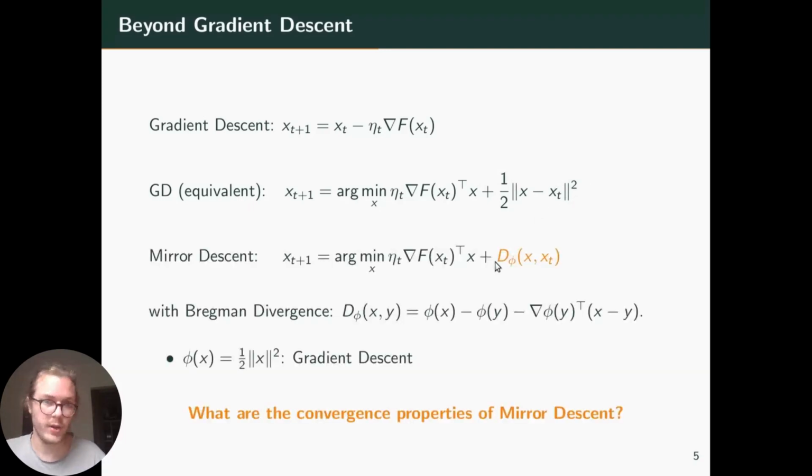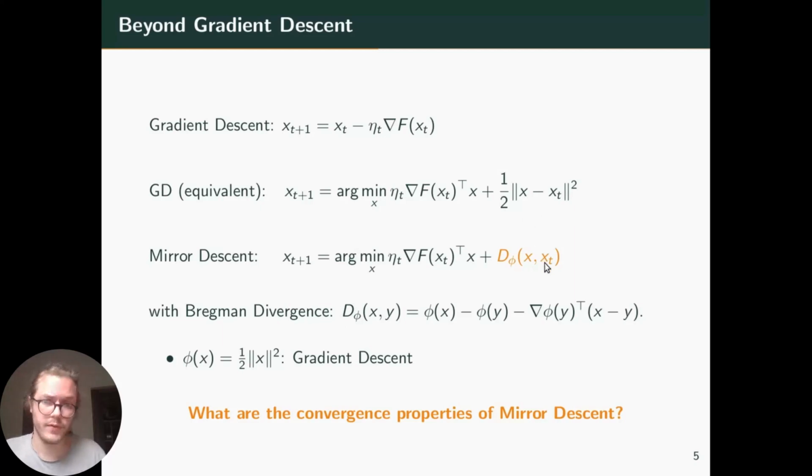But actually, we could use other kinds of distances, not necessarily Euclidean. If you plug in a Bregman divergence term here, then you obtain mirror descent. The Bregman divergence relative to phi between x and xt is given by the following equation. The important thing is, for instance, that when phi is the squared norm, then this reduces to gradient descent because the Bregman divergence reduces to the Euclidean distance.